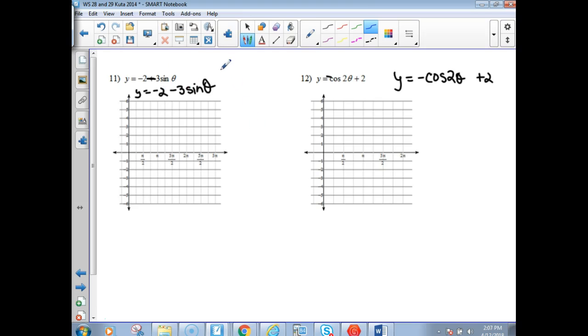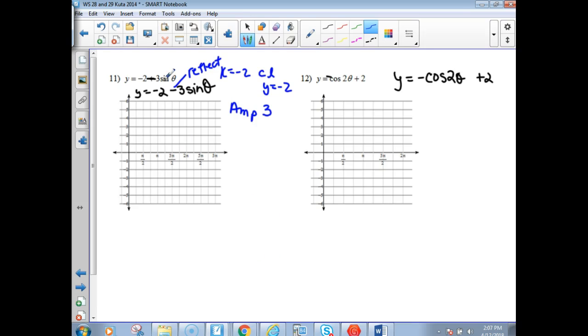The -2 is a K. So that means your center line will be y equals -2. You have an amplitude of negative, the negative sign there means we have to reflect the graph over the x-axis, and the amplitude is 3. The amplitude is always positive.